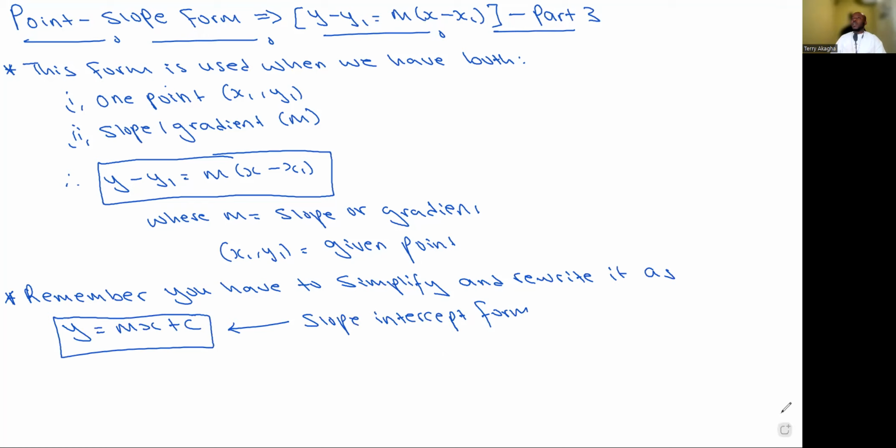All right, so what do you do? Let's talk about the three steps on how to solve this. How do you solve questions like this? Number one, you have to first identify the m, that is the slope, and the given point, x1 and y1.